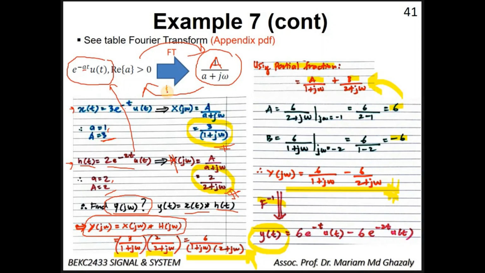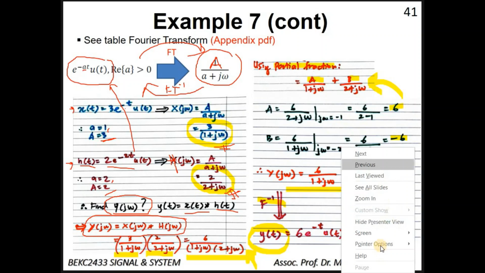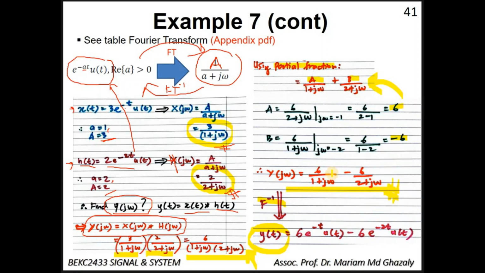So we have F^(-1), the inverse Fourier transform. By comparing this with this, write out the equation using this formula.